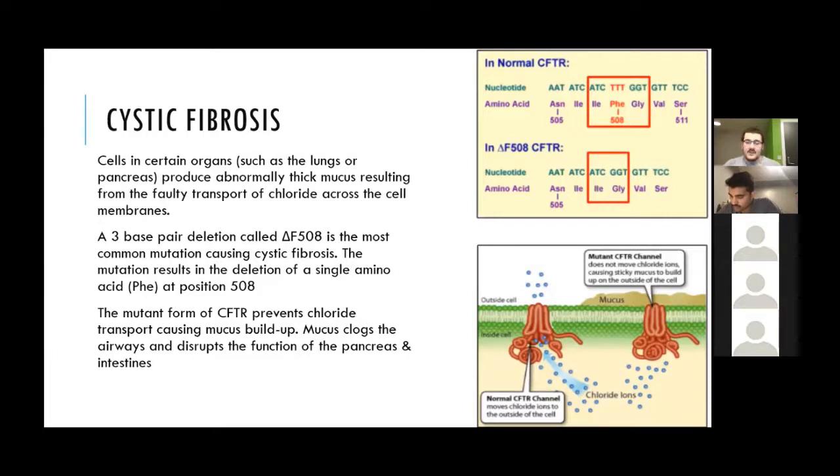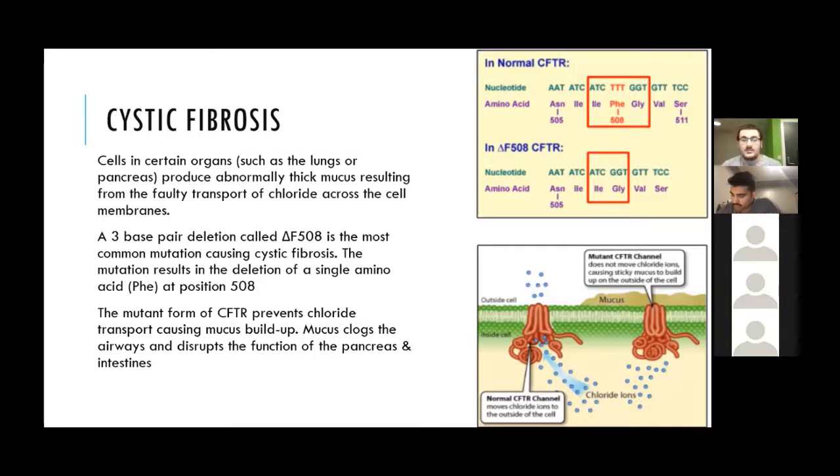So if this gets defective, there is no chloride efflux, and you will have a buildup of mucus in the lumen of the cell, or on the apical, luminal membrane of the cells. In this place, mucus, first of all, disrupts the actions of the cell, and second of all, it's a great microenvironment for bacteria to live in.